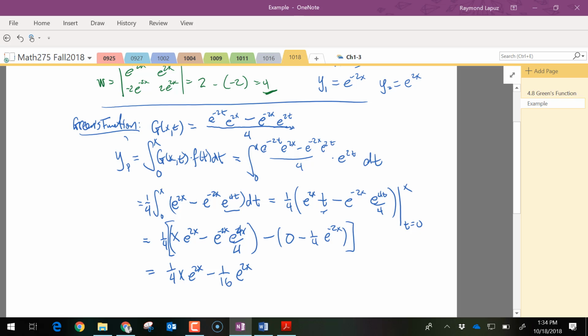And then negative, negative is a positive, and then the 1/4 and the 1/4 is 1/16 again, e to the negative 2x. I think that's it. I hope it's right.